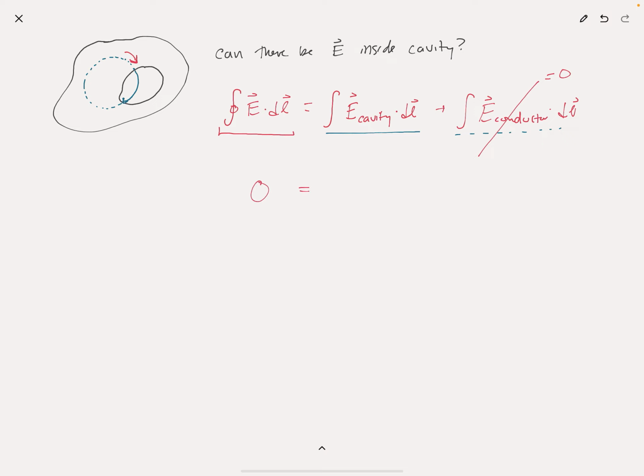So I have that 0 is equal to this. Therefore, the electric field inside of the cavity must also be 0 if there's no charge inside.